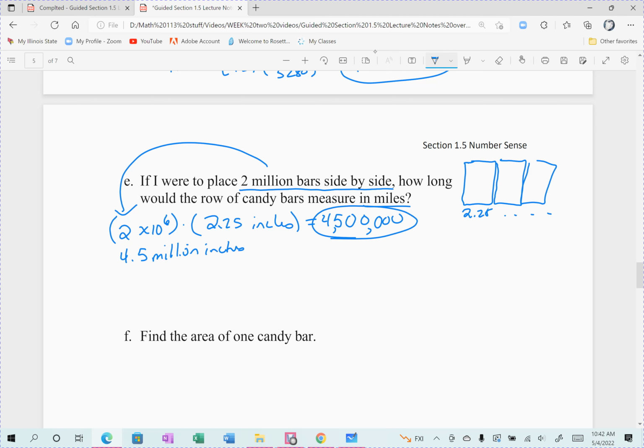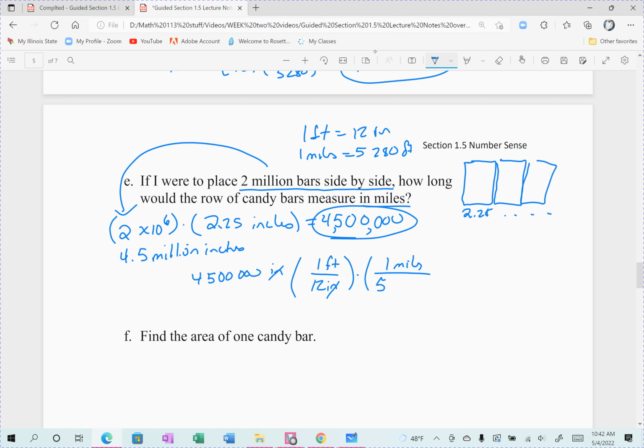Remember the conversions. For every 1 foot, 12 inches. For every 1 mile, 5,280 feet. So you're going to take your 4.5 million inches times 1 foot divided by 12 inches, because the inches cancel, times 1 mile divided by 5,280 feet.